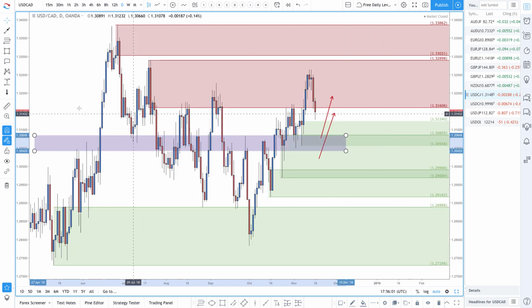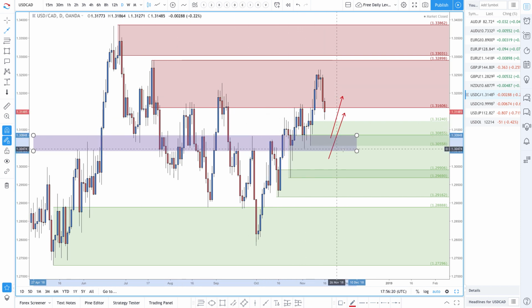So if prices come down to this area, and anywhere within this maybe 1.308 to 1.305 area, we know that there are traders that are going to be looking to buy, looking at that area of support and resistance, entering what is called willing demand. Because they're looking to place new trades, they're willing to enter the market.